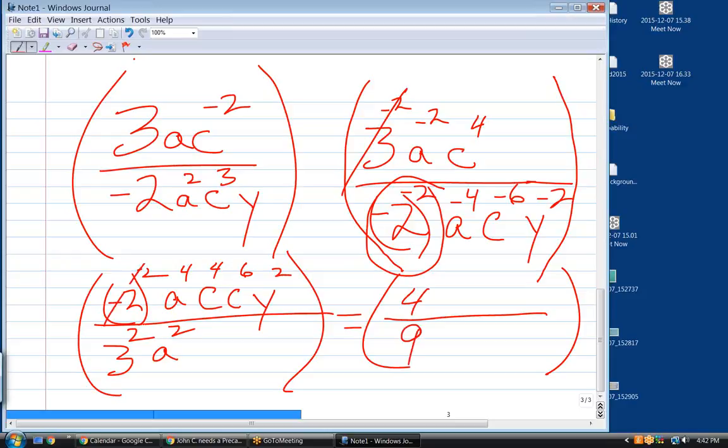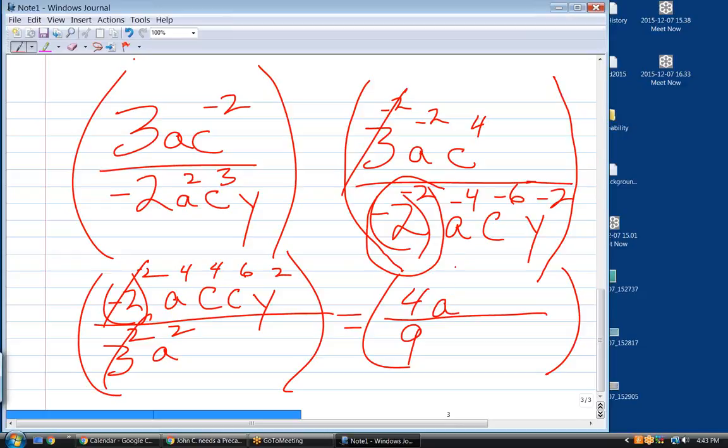4 over 9. In other words, I'm going to do these one at a time. I'm going to do the numbers, then the letter A, then the letter C, and then the letter Y. What's the net A that we have? And is it in the numerator or the denominator? It's going to be in the numerator.